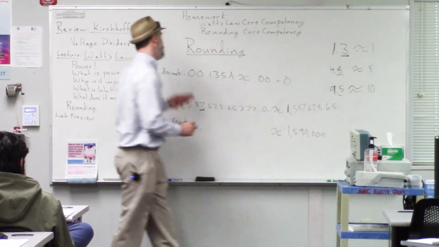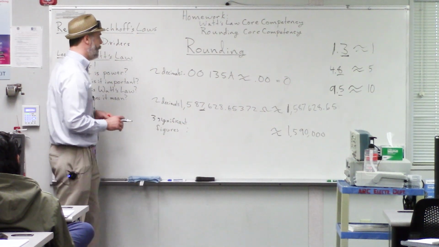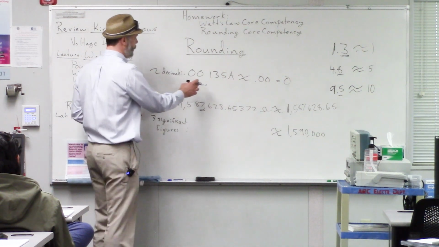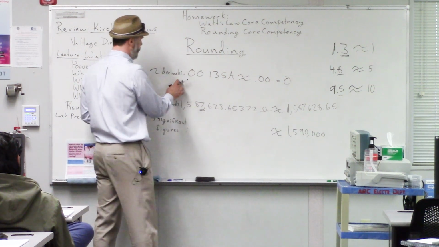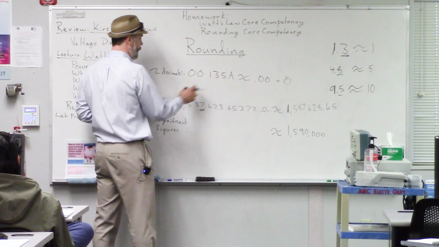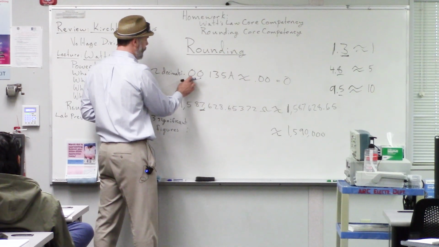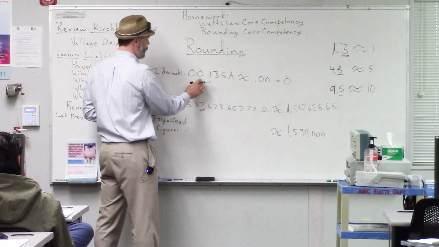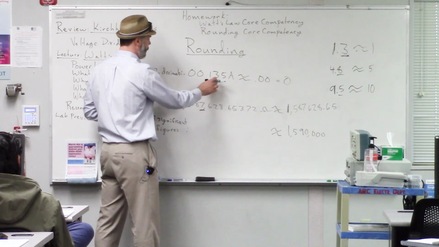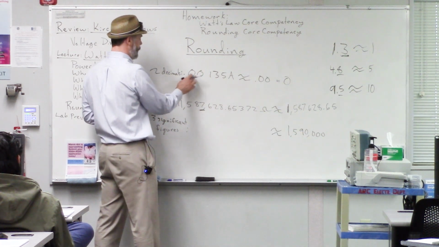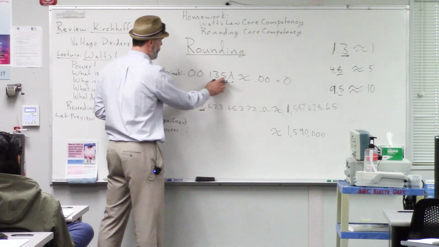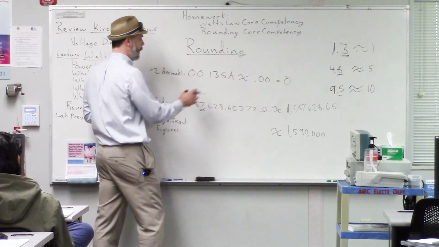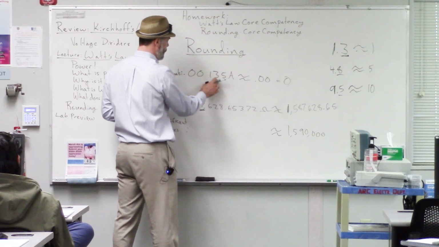Okay, up here, if we wanted to keep three significant figures, the significant figure, when the number is a decimal, is the first number after the decimal point that's not a 0. So in this case, we just ignore the zeros. The three significant figures would be these three numbers.